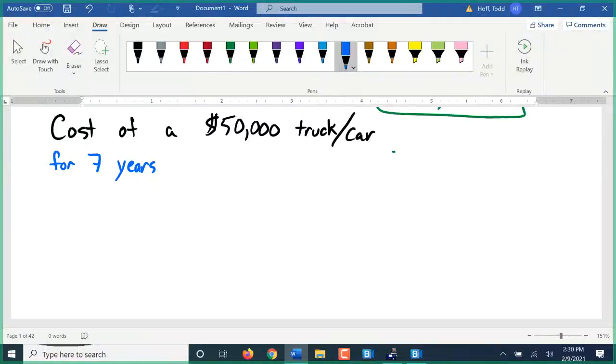If you have like a 475 or something like that, the only way you can have that bad of a score is if you've defaulted on loans or missed a lot of payments. So they might not give you the loan then. But as long as you have at least a 600 or 625, which is your lower mid-range credit score, you're still going to get the loan. The difference is if you have a credit score of 625, you might be paying 7 or 8% on an auto loan.